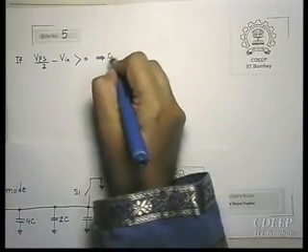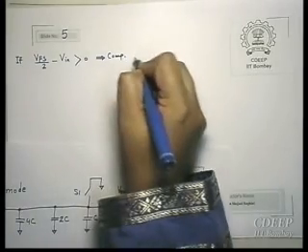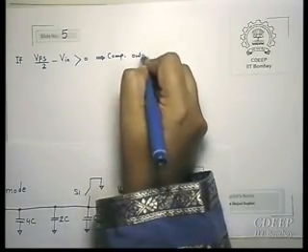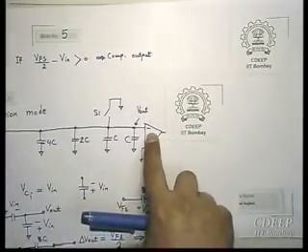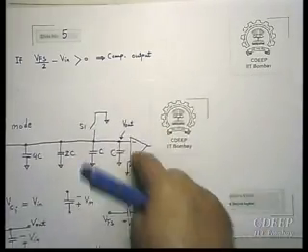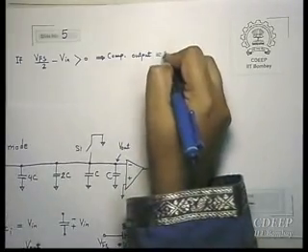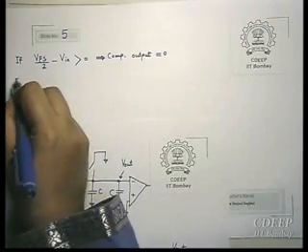therefore the comparator output, because it is given to the negative terminal and this is greater than 0, is 0.